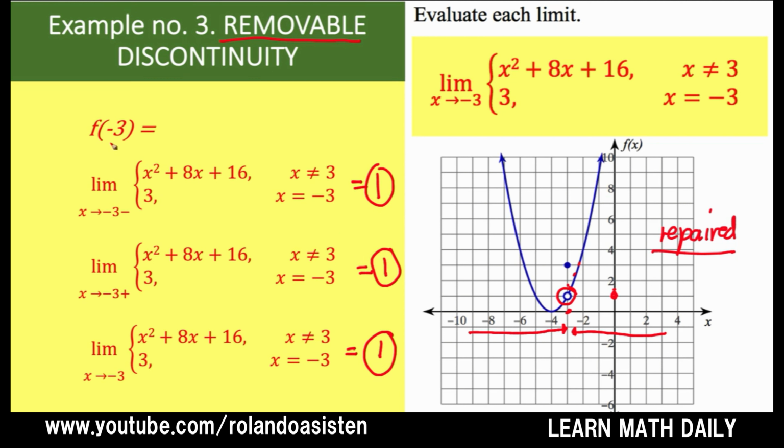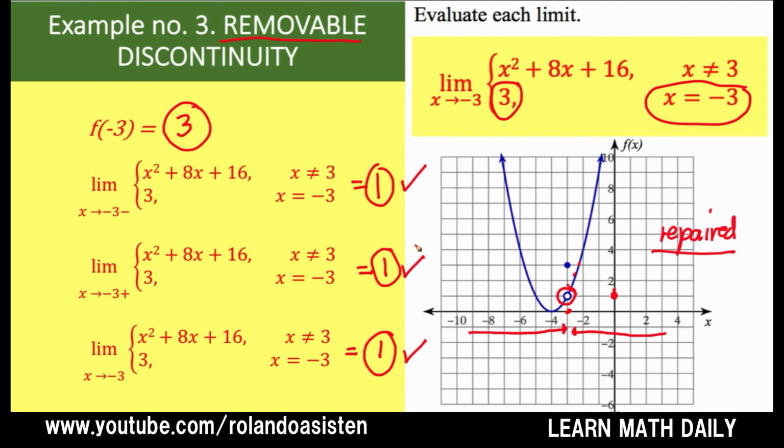Now, what is the value of f of negative 3? If x equals negative 3, then the value of the function is 3. So therefore, f of negative 3 is positive 3. Notice now that the left-hand limit is positive 1, the right-hand limit is positive 1, the limit exists and is also equal to 1, even though f of negative 3 is not the same as these limits.